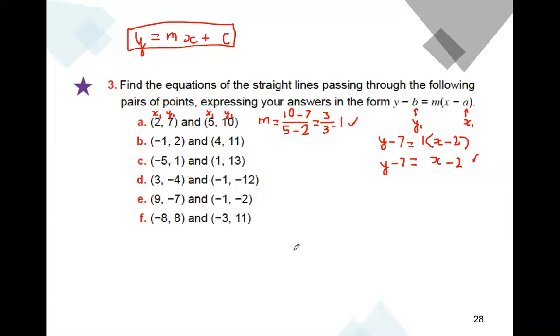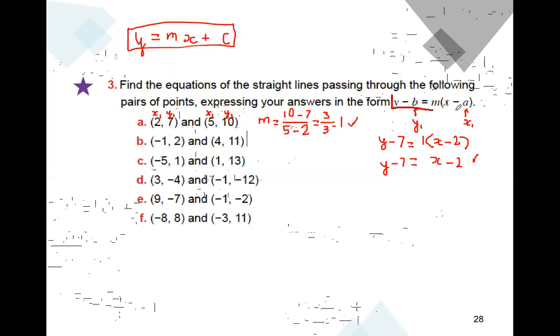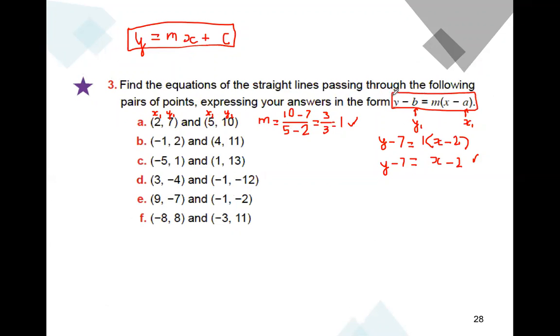Find the equation of the straight line passing through the following pair of points and express your answer in the form y minus b equals m times x minus a. So this was just practice, as long as you identify x1, y1 and x2, y2. And remember, we said you can express the straight line as y equals mx plus c or y minus b equals m times x minus a. So that would be the second way of expressing it.